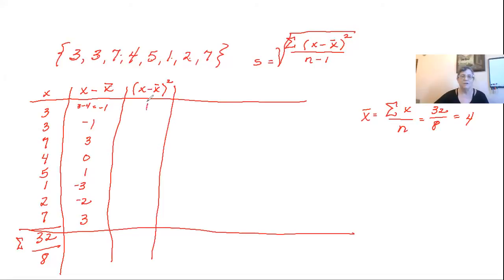So -1 squared is 1, 3 squared is 9, 0, 1, 9, 4, and 9. And then I'm going to sum up this column to get the sum of the x minus x bar squareds. So this is going to be 10 here, 20, 30, 34.